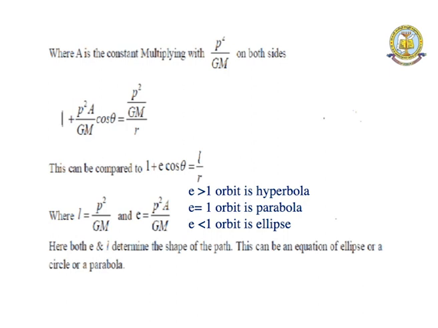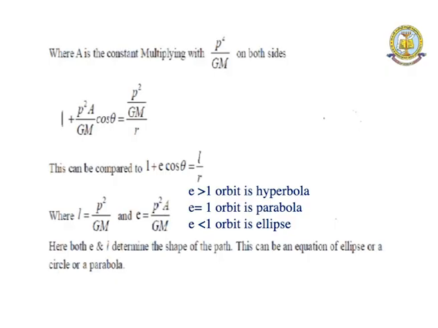You can write p square by GM is equal to the semi-latus rectum L, and p square A by GM is equal to E, the value of eccentricity. So the equation is 1 plus E cos theta is equal to L by r. Here L is equal to p square by GM and small e is equal to p square A by GM. E means eccentricity and L means semi-latus rectum.